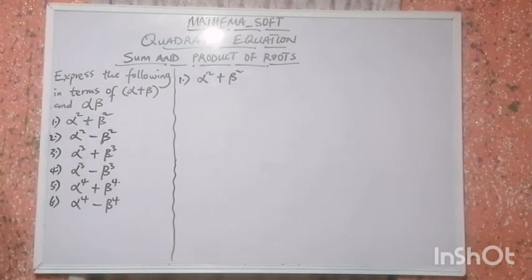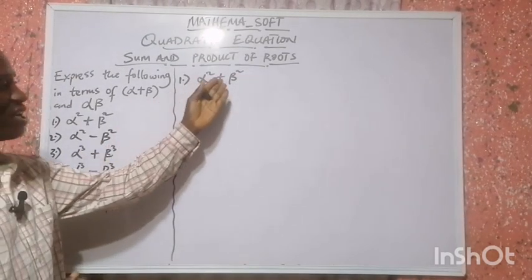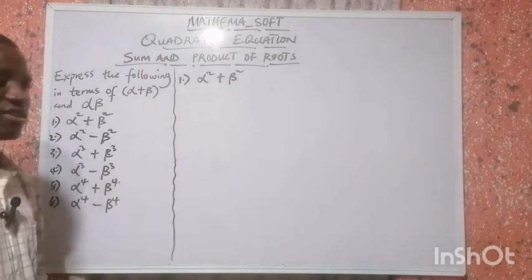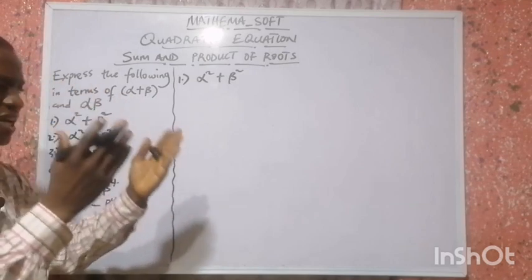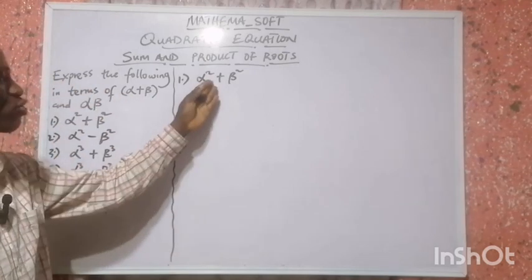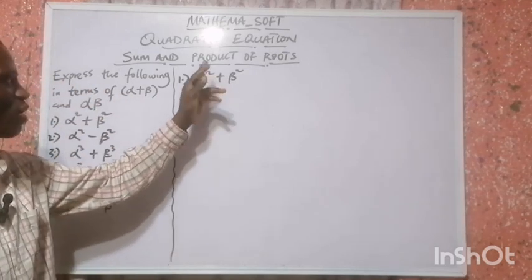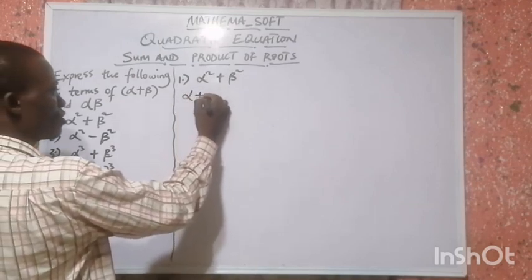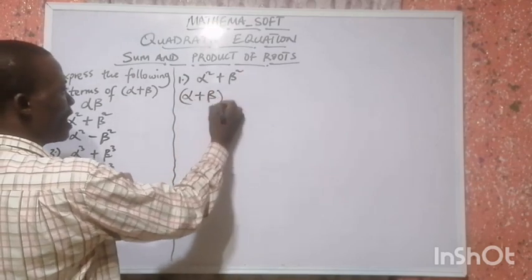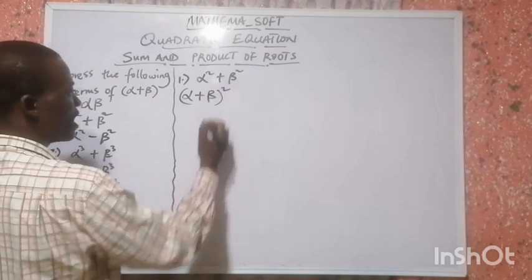Now we can see that the power of alpha here is 2 and the power of beta here is 2. So we think of an expansion that can lead us towards having this power of 2 and this power of 2. And that expansion can only be alpha plus beta squared.